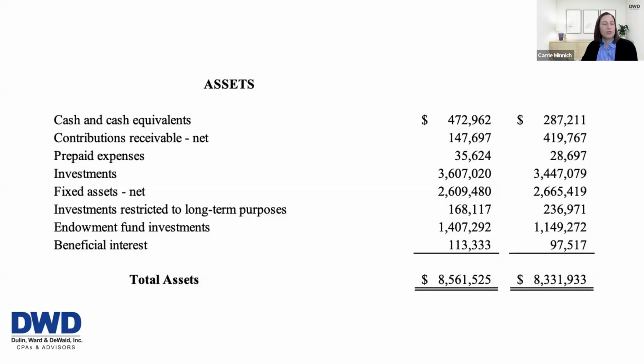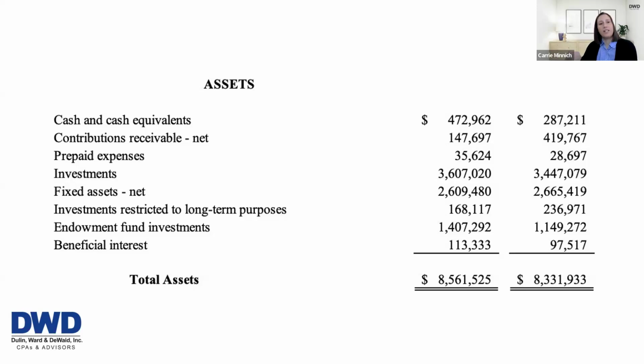Next, we have contributions receivable. So contributions receivable are promises to give that a donor has made to the organization, but they have not paid those promises yet. So it could be from a foundation, it could be from an individual. It's a promise to give a contribution.